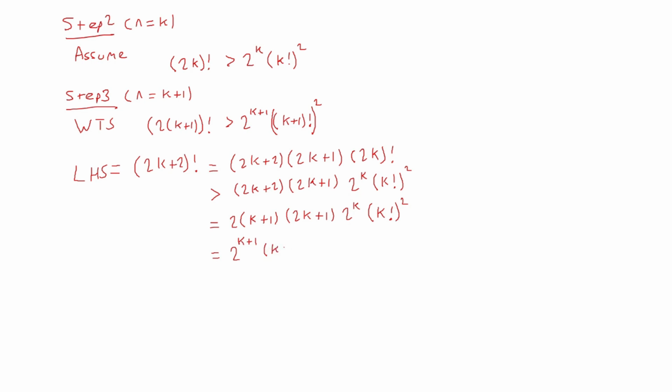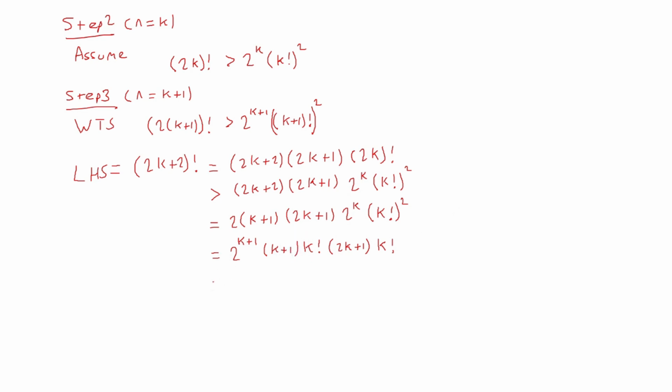And then I've got a k plus 1, and I'm going to take this k factorial squared, sorry, I've got k factorial times k factorial. I'm going to write one of them here, and then I'm going to write 2k plus 1, and I'm going to write the other k factorial here. I've still got the k factorial squared. I've just split them into 2 separate bits of the product here.